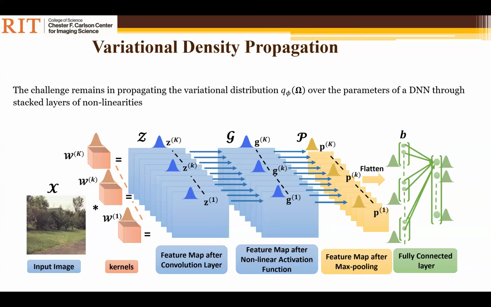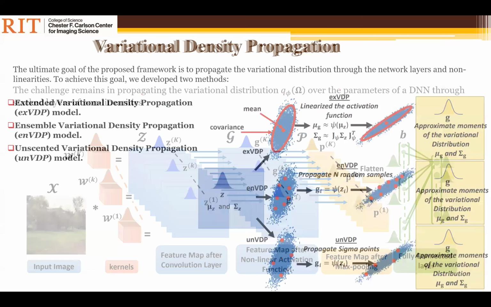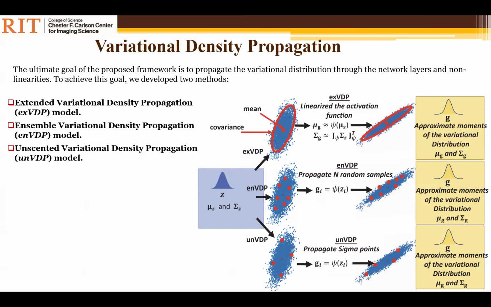The problem is that for the nonlinear activation function, this is not an easy problem. We need to find a way to propagate the distribution, or the mean and covariance of that distribution, through nonlinear functions. That's why we define 3 different ways to propagate the distribution through the nonlinear function.